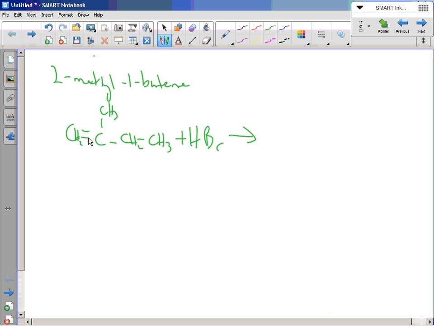We ask ourselves, where are we going to add across? We're going to add across the double bond here. I've got an H and a Br. I need to use Markovnikov's rule. Somebody tell me the product. Don't tell me where the H is sticking up, just say the groups. What do we get? CH3. Oops, not a plus.